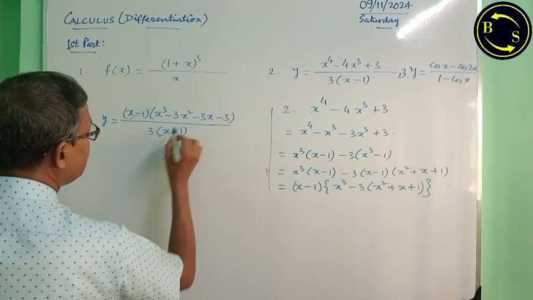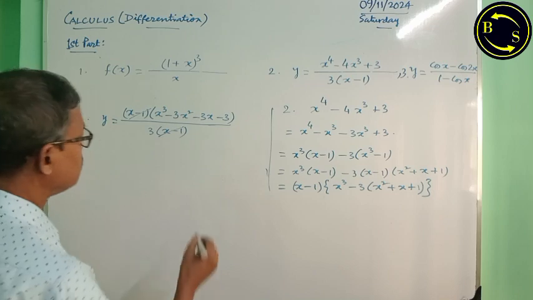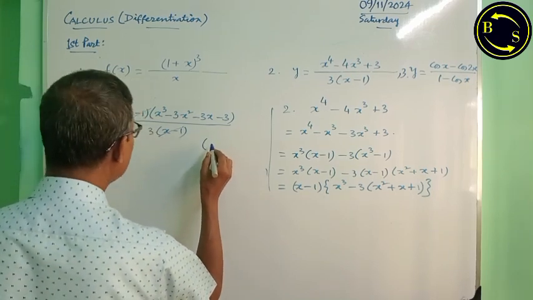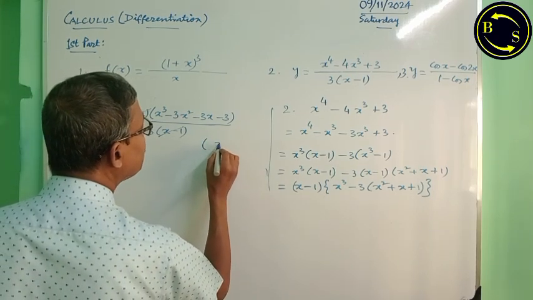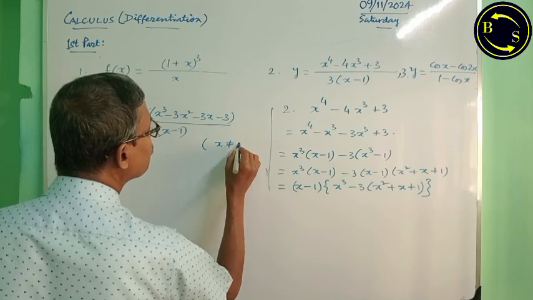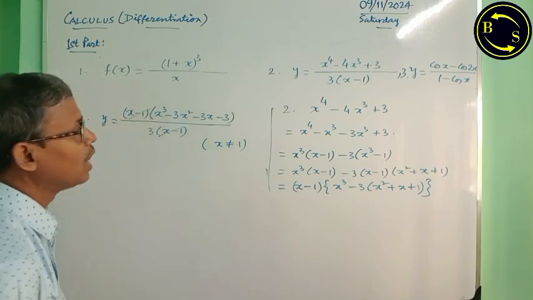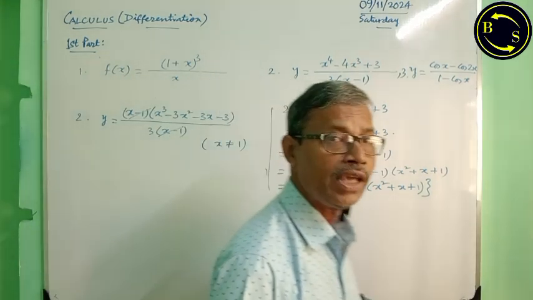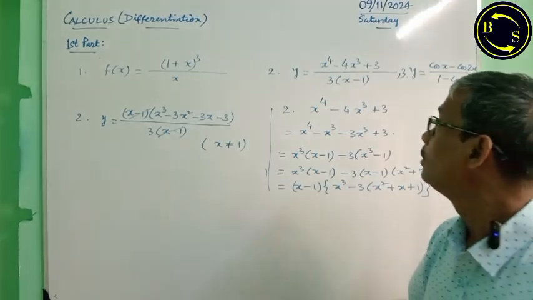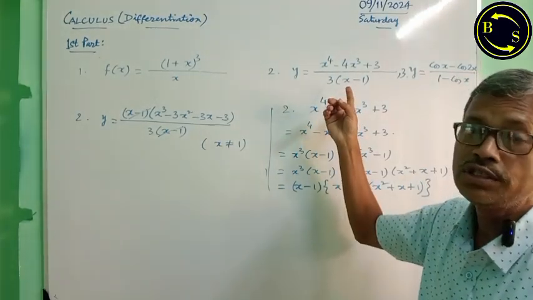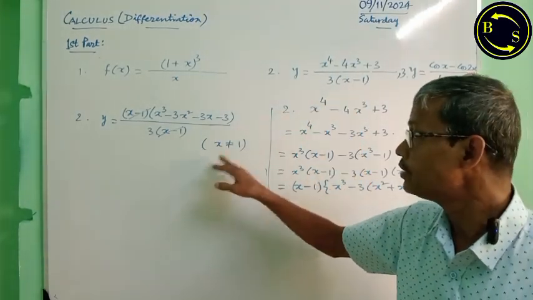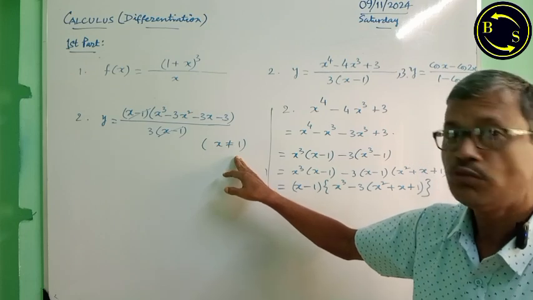Here x minus 1 will be cancelled, and remember to mention that x is not equal to 1. If x be 1, then the matter will be division by 0, which is undefined. Therefore, we mention here x is not equal to 1.